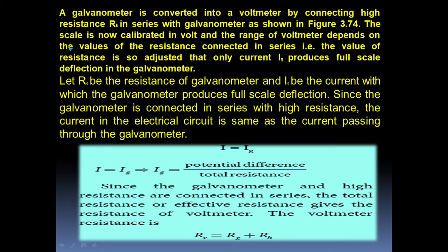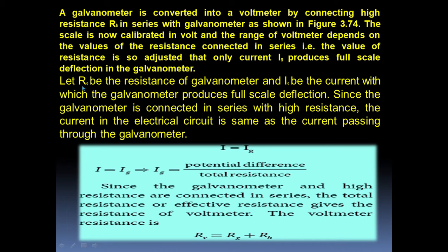So, the scale is now calibrated in volts, and the range of the voltmeter depends on the value of the resistance connected in series. That is, the value of resistance is so adjusted that only current Ig produces full scale deflection in the galvanometer.